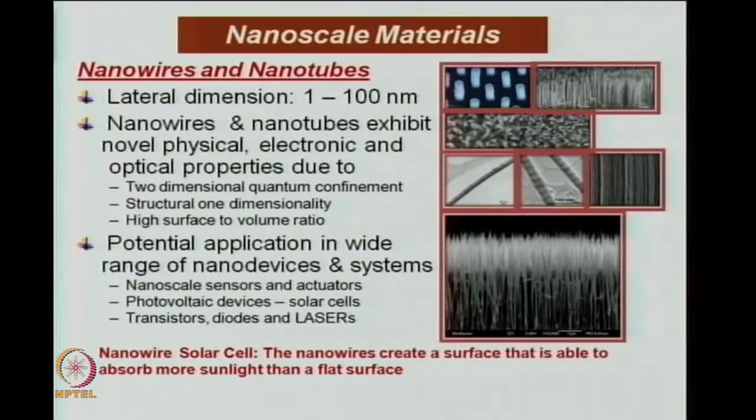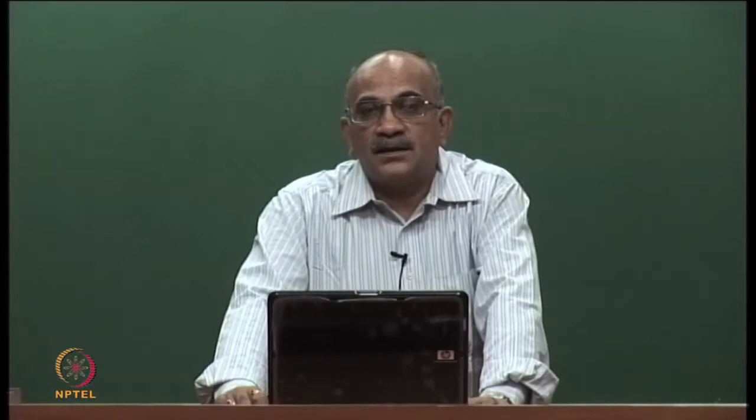Now, if you have a 2-dimensional quantum confinement, which is possible if you have a nanostructure like a plate with 1 dimension, which is nanometer size, then you can see what is called 2-dimensional quantum confinement, because only in 1 dimension you have the effects due to the nano size.